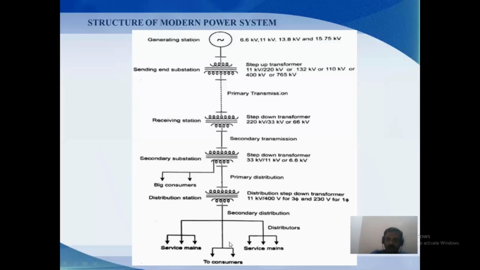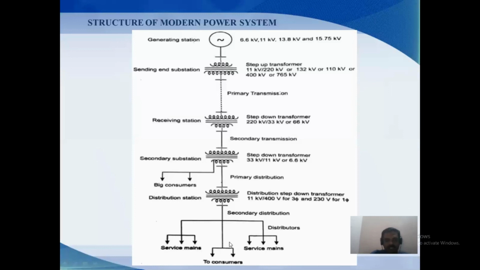Here no tappings are taken from the feeders. Then distributors. Here a number of tappings are taken from the distributors. So the current in the distributor is not uniform, but in the feeder the current is uniform.